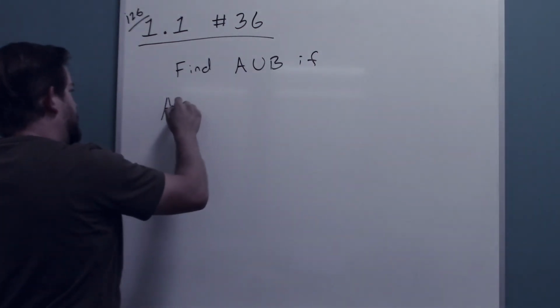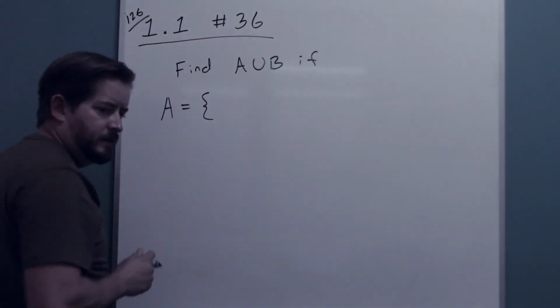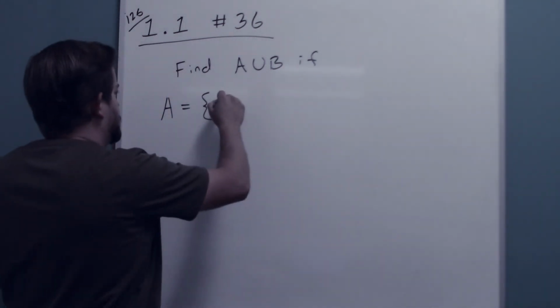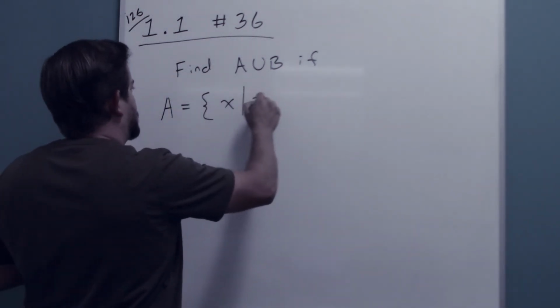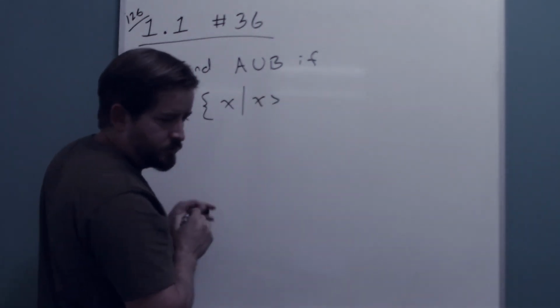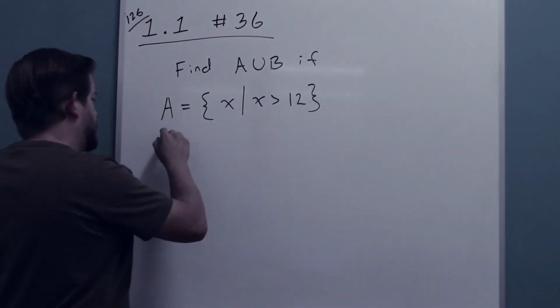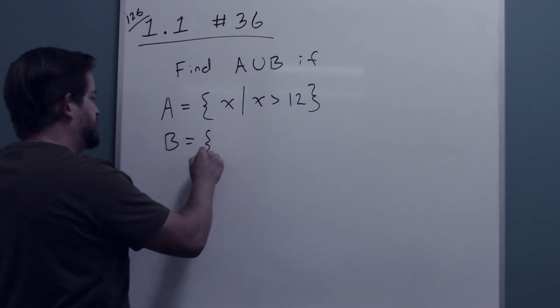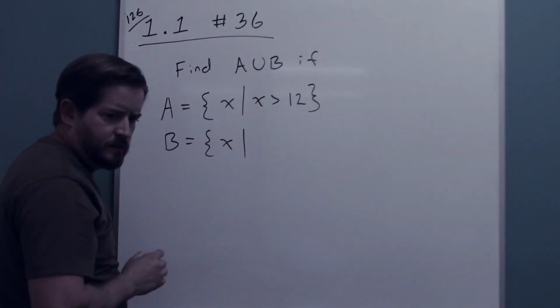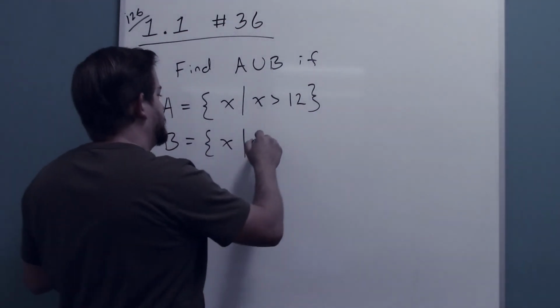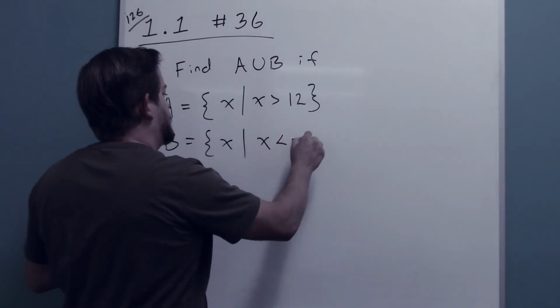Again, I have A is the set of x values here such that x is greater than 12. And B is the set of x values given that x is less than negative 18.